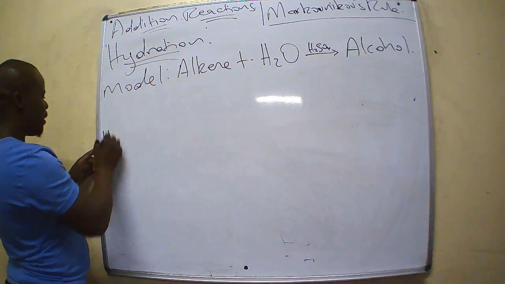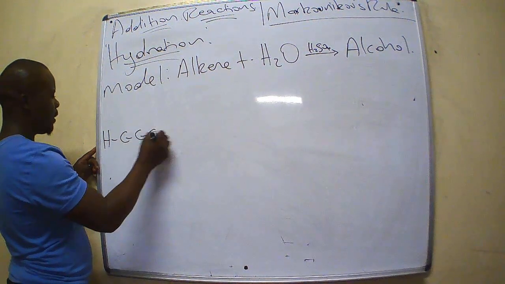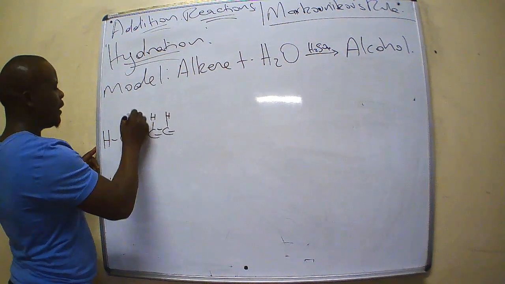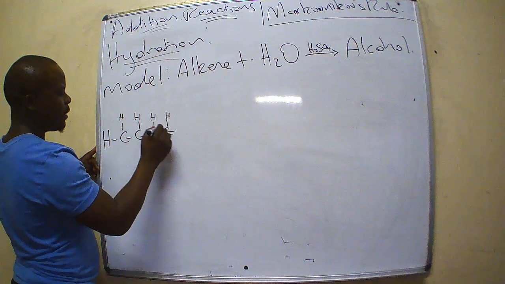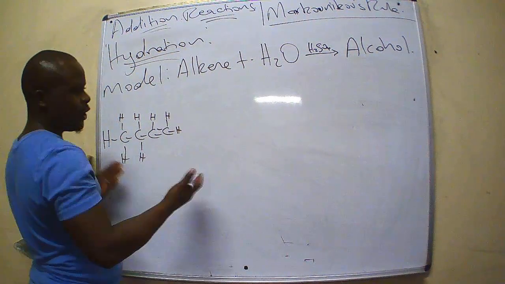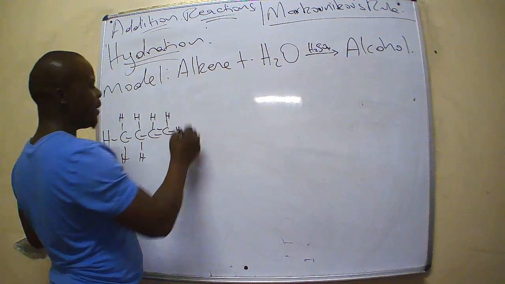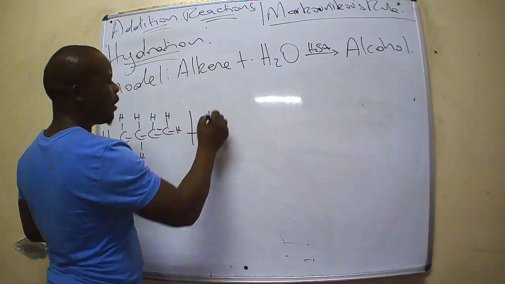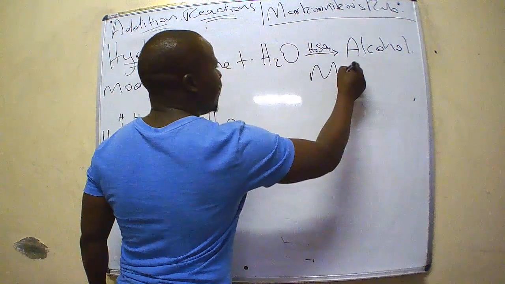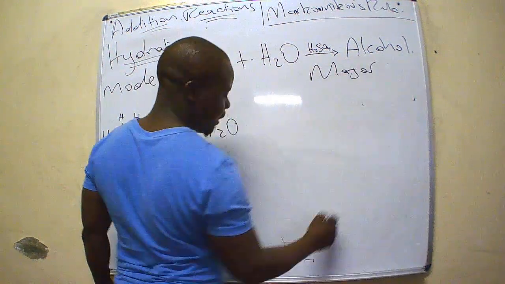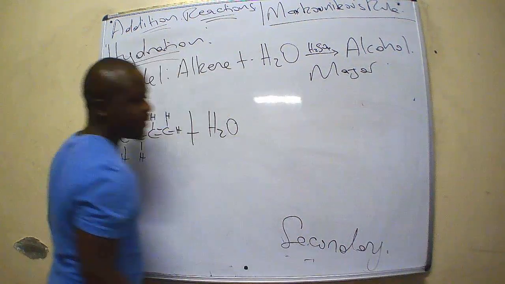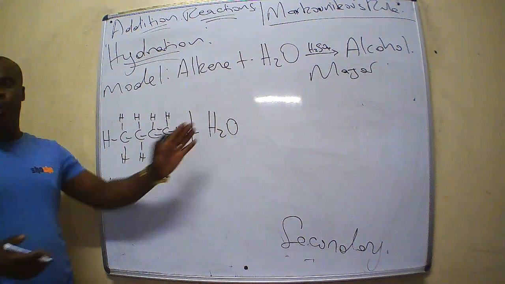The alkene that we are going to use is butene. Let us use butene 1. This is butene 1. Butene 1 is going to react with a water molecule. So we shall see a major product and a secondary product being formed when these two react.